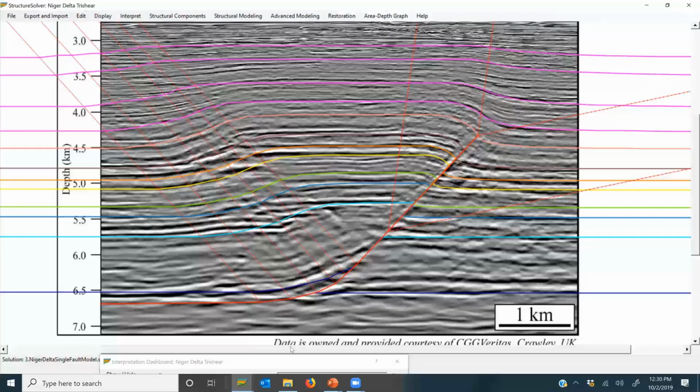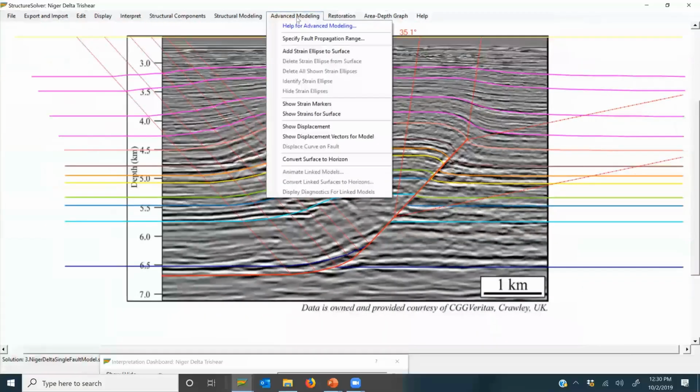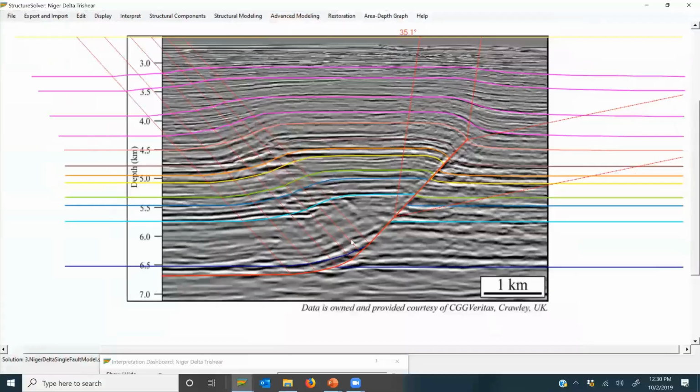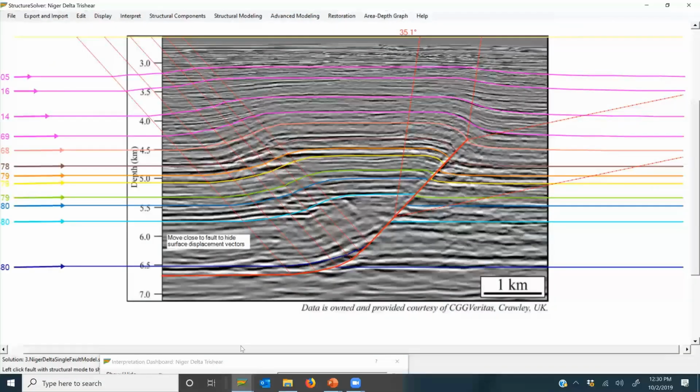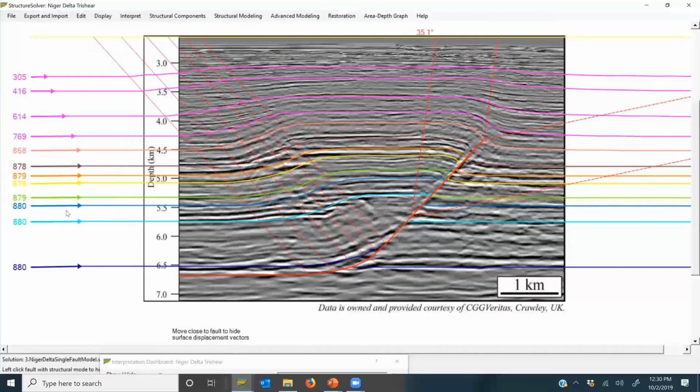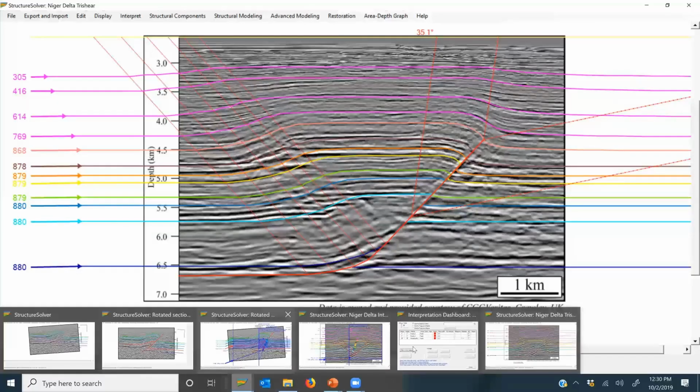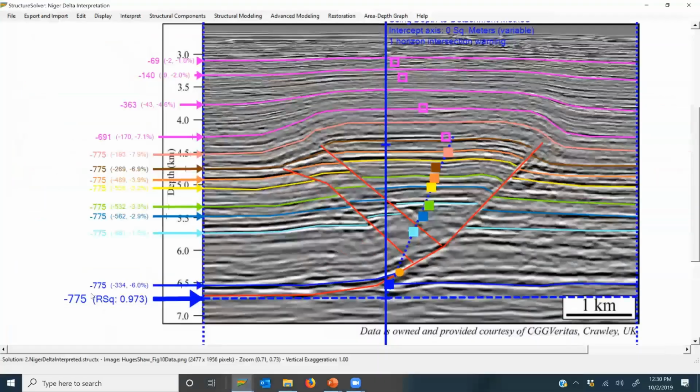And what we see from these forward models is that one of the outcomes we get is the total amount of displacement on the structure. Here, the total amount of shortening estimated by the forward model is 880 meters, whereas when we were looking at our area depth graph, we had about 775 meters, or only off by about 100 meters of total shortening between the two methods.